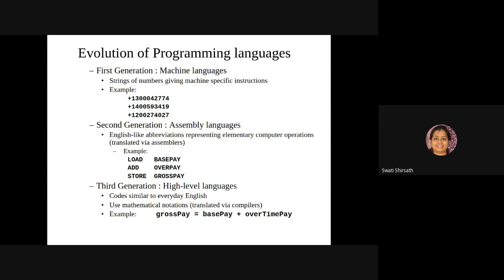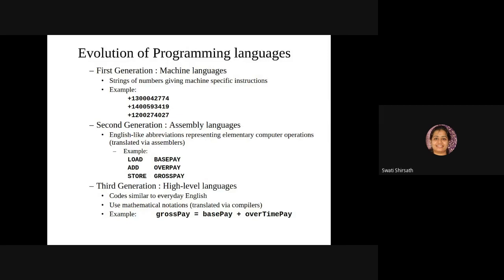Then we have different programming languages. It is not like everything started from the C language. Before that, there were so many languages. We call them first generation language, second generation language, third generation language, something like that. These languages were very vague and very basic, not easily understandable by humans.